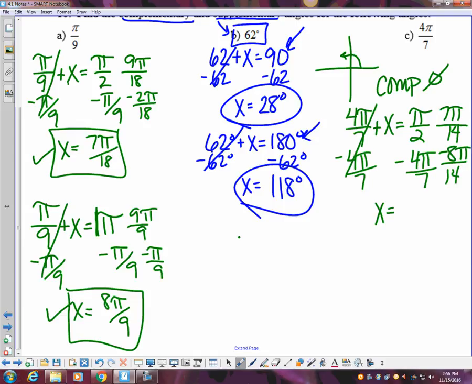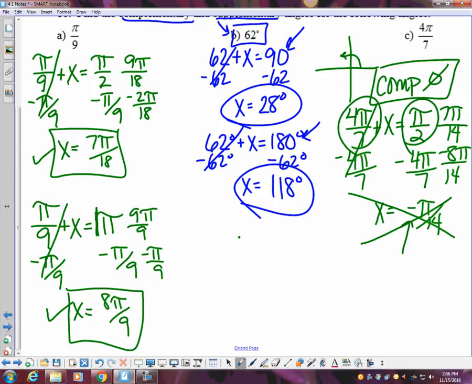And when you subtract, do you see that you get a negative? That means the original angle already overshot my destination, so I'm having to go negative to backtrack. I don't want negative complements or supplements. If you've already overshot it, then you just say it doesn't exist. The complement does not exist.